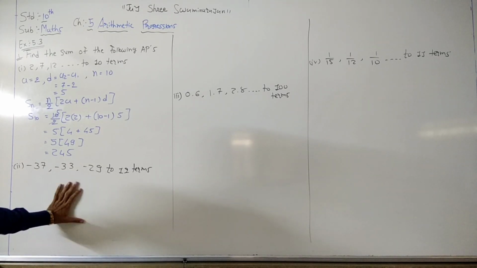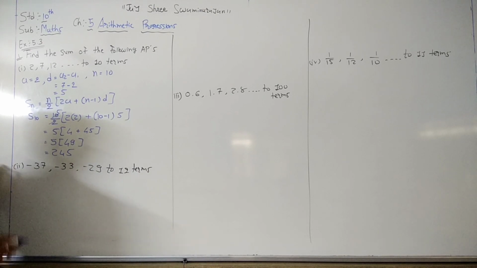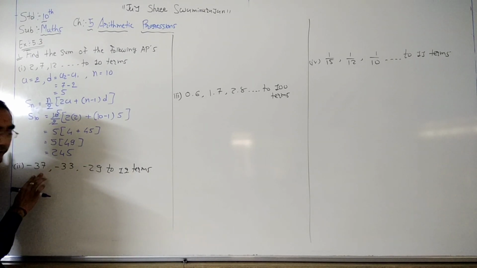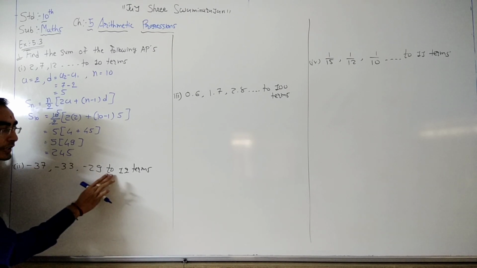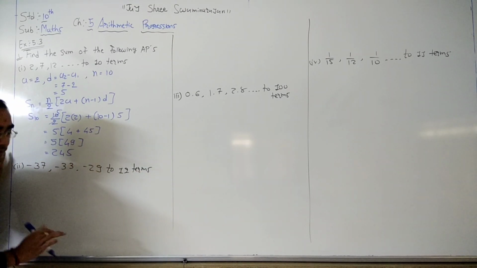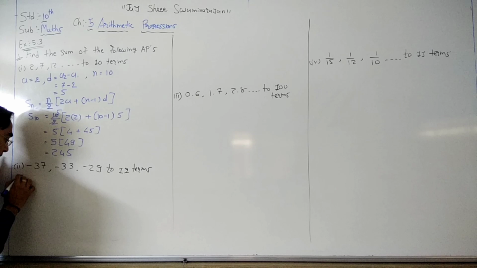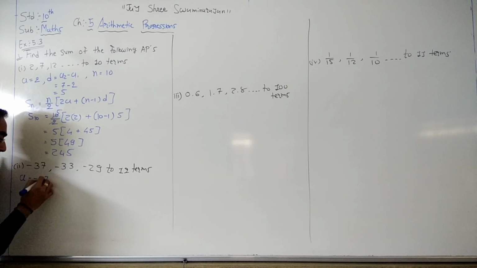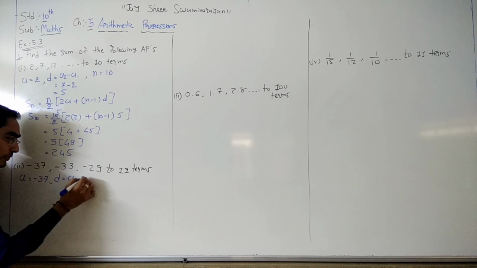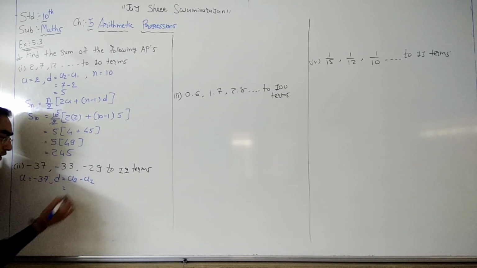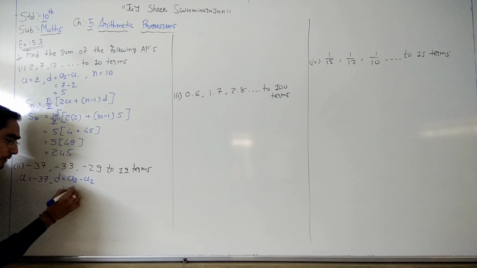Now the same thing we need to use here. Our AP is minus 37, minus 33, minus 29, and we need to find the addition up to 12 terms. Our first term a is equal to minus 37. Common difference d is the second term minus first term. Our second term is minus 33.